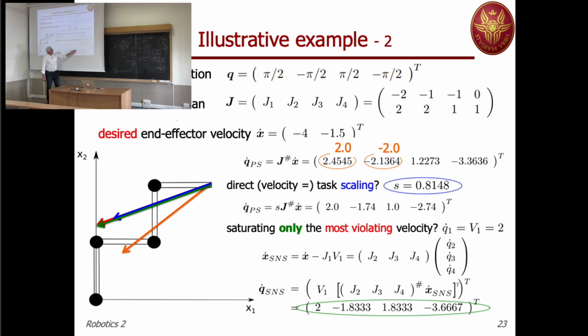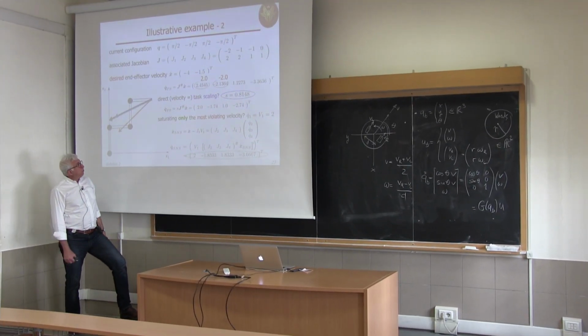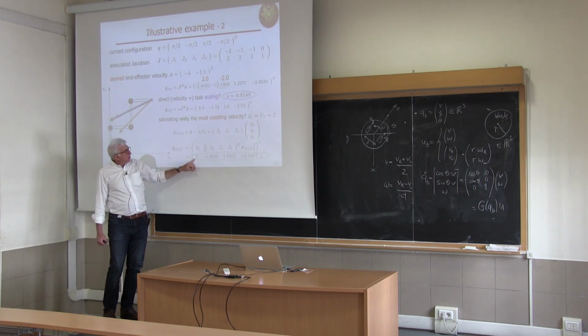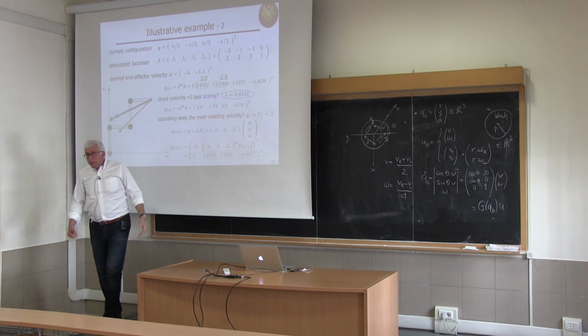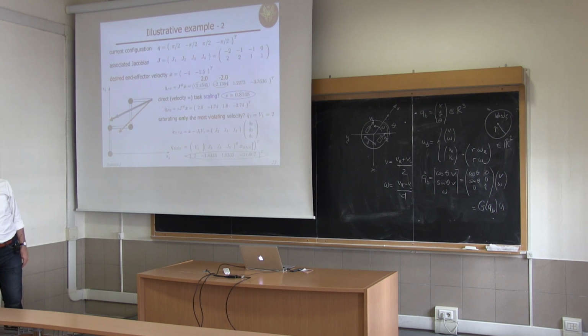You see that we increased in both cases the motion of joint 3 and joint 4 by bringing into saturation the most violating joint, and in doing this we have also reduced suitably the velocity of joint 2, which is no longer in saturation.